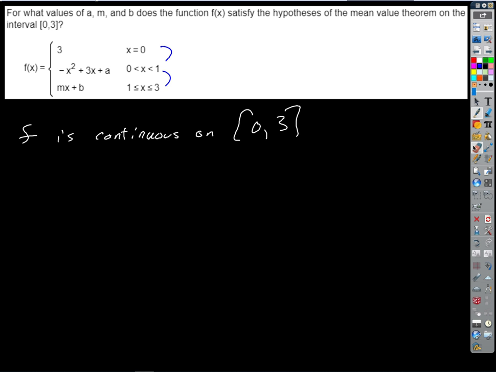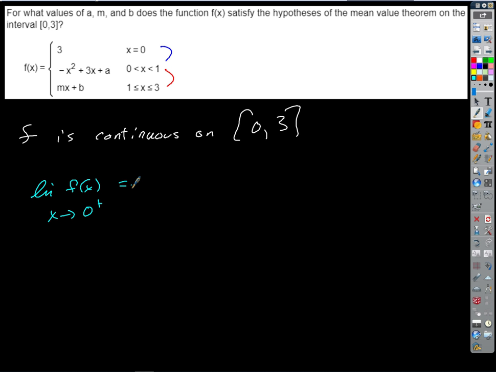So if we color code this, how about? The blue junction right there tells us that the limit of f of x as x approaches 0 from the right, from values bigger than 0, has to equal what?